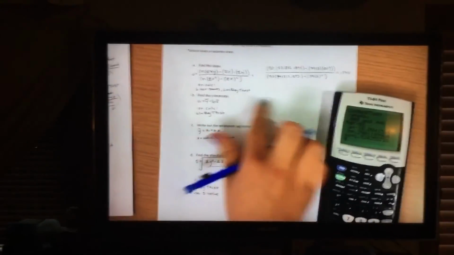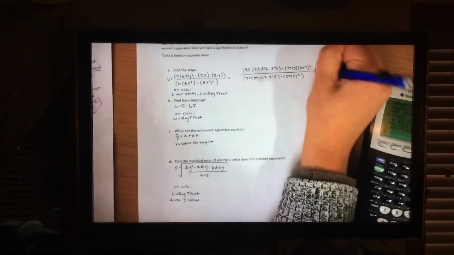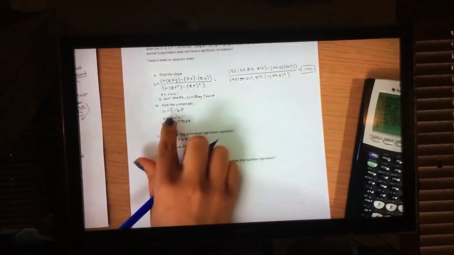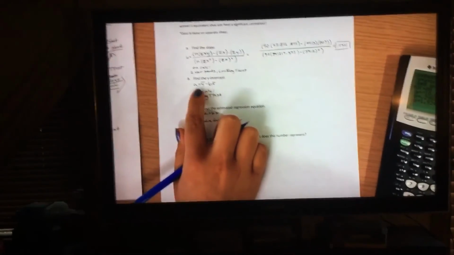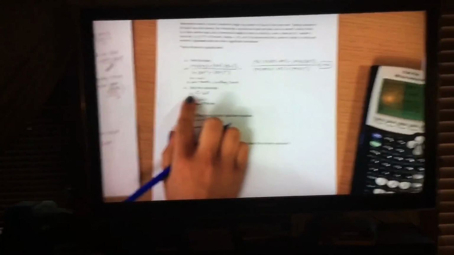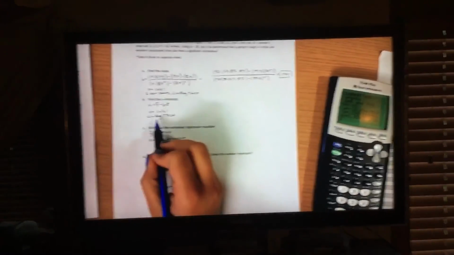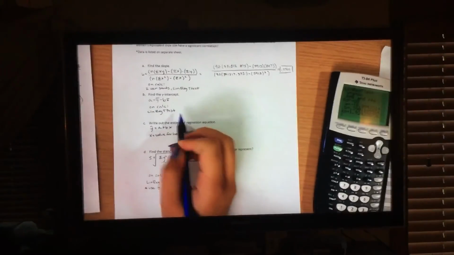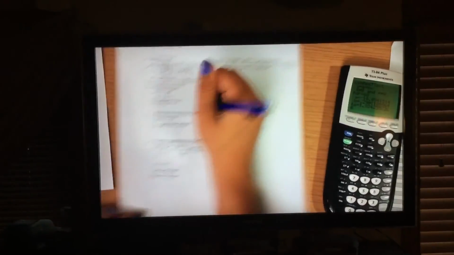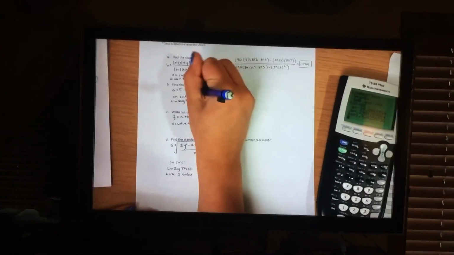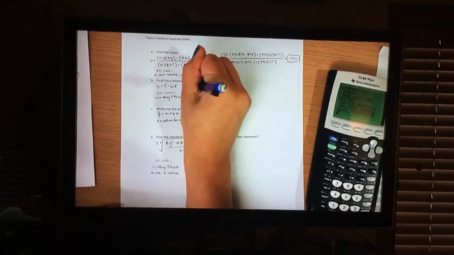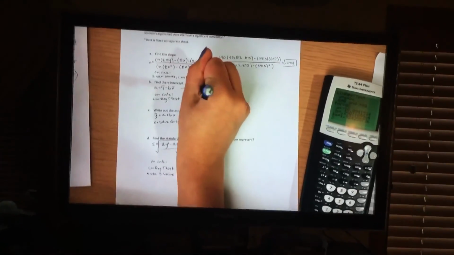So now for question B of part 1, we are going to find the y-intercept, or our a value. Now again, the easiest way to do this on your calculator is to go to LinRegTTest, and that'll give you your a value. But the equation for it is a equals y bar minus b x bar.